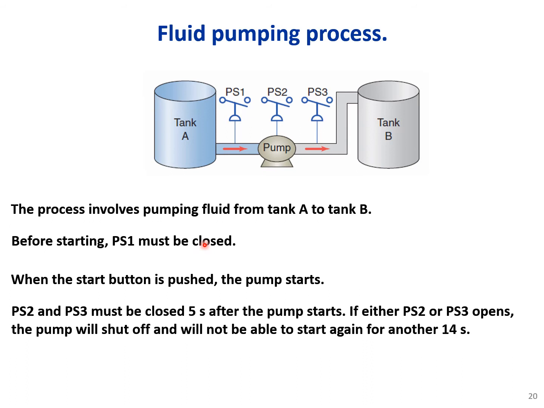So we need to have a certain level of pressure to operate the pump, let's say. When the start button is pushed, the pump starts. If the PS1 is true, PS2 and PS3 must be closed 5 seconds after the pump starts.